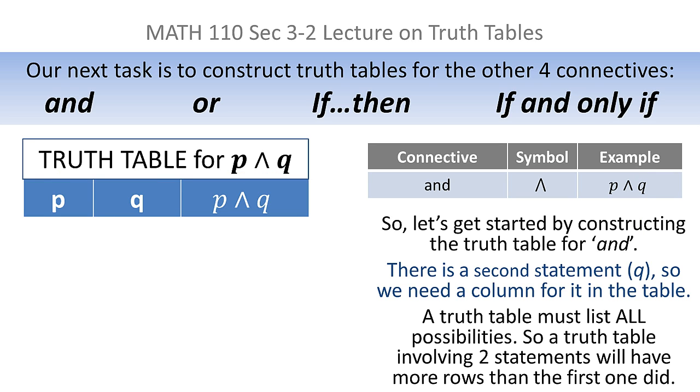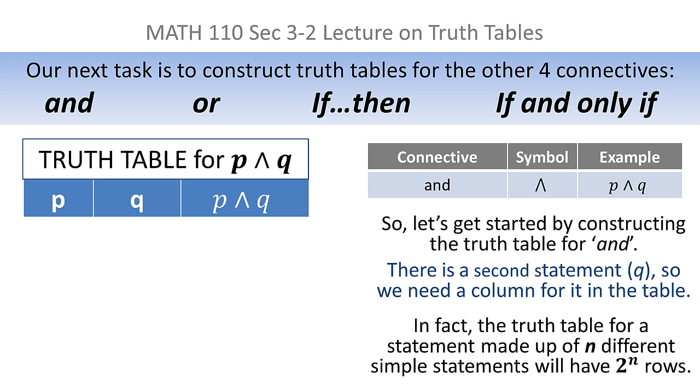Now also keep in mind that a truth table has to list every possibility, everything that could possibly happen, every combination. When there's only a P, it can only be true or false, but when you've got two statements, P and Q, you've got more possibilities. In fact, if you have a statement made up of n different simple statements, then it will have 2 to the power of n rows in it.